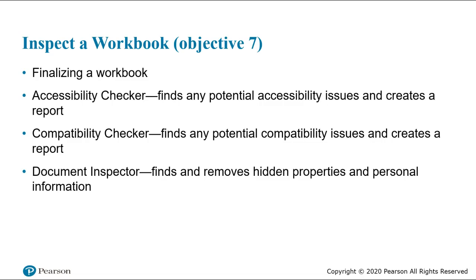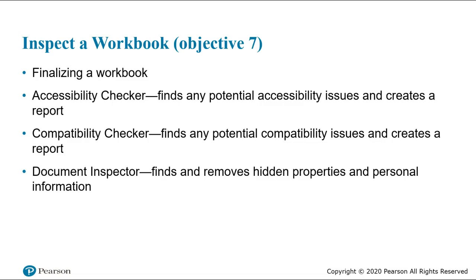We also want to make sure that other people who may be receiving this are able to open it up so we can run a compatibility checker. And then we also have the document inspector, and this will remove data that we might not want to be seen if maybe we're going to post the file to the web or to someone that we don't know. So this is what we refer to as inspecting a workbook.